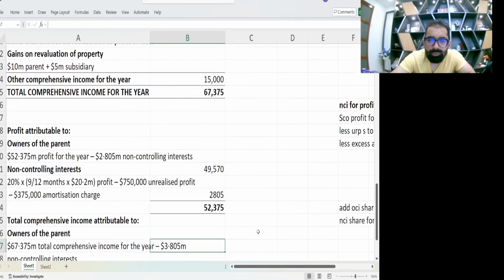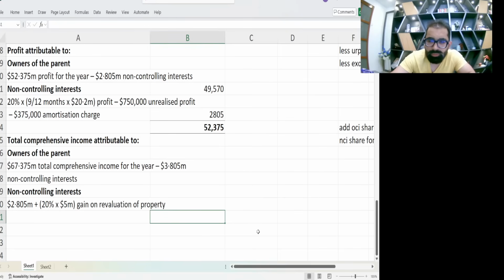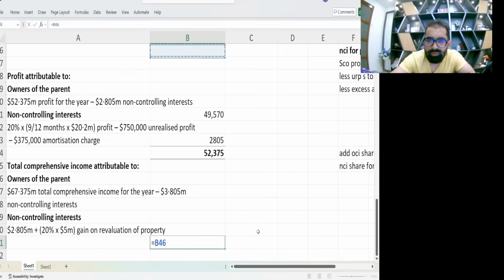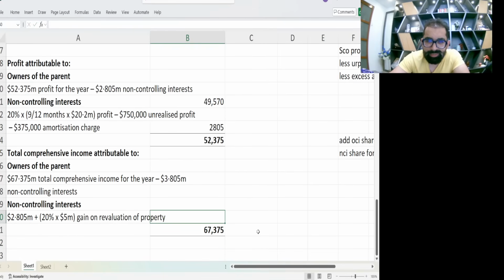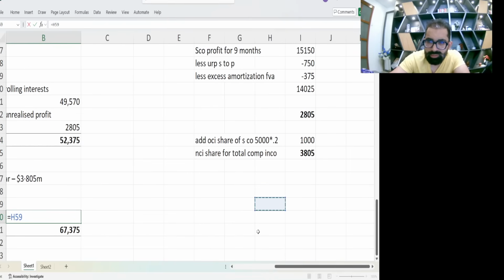This breakup is even taught at FA level. Now let's do it for total comprehensive income. What is the total comprehensive income? The total amount, as if we own everything. And then what is the NCI share? This is the NCI share for total comprehensive income.